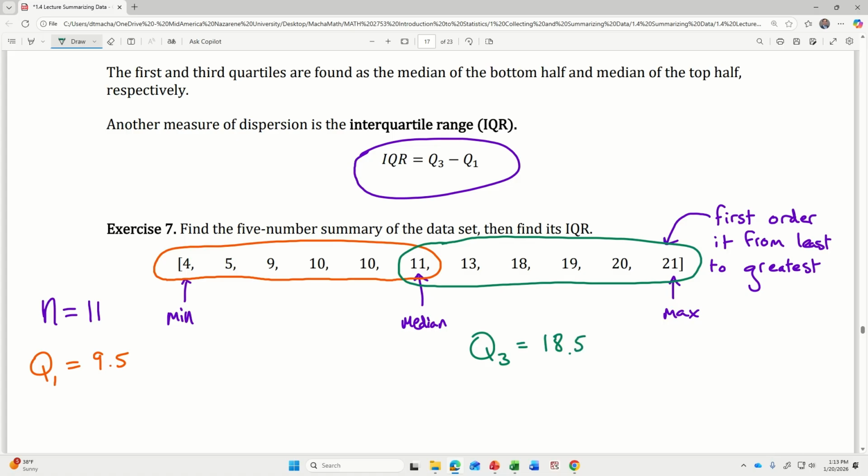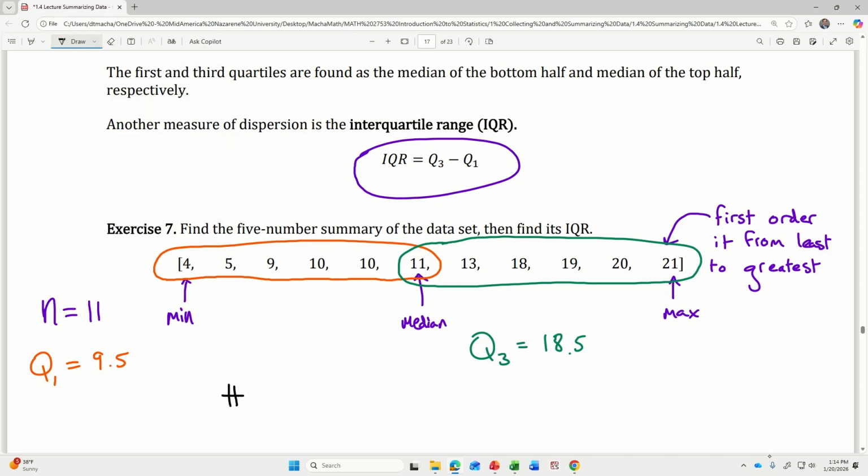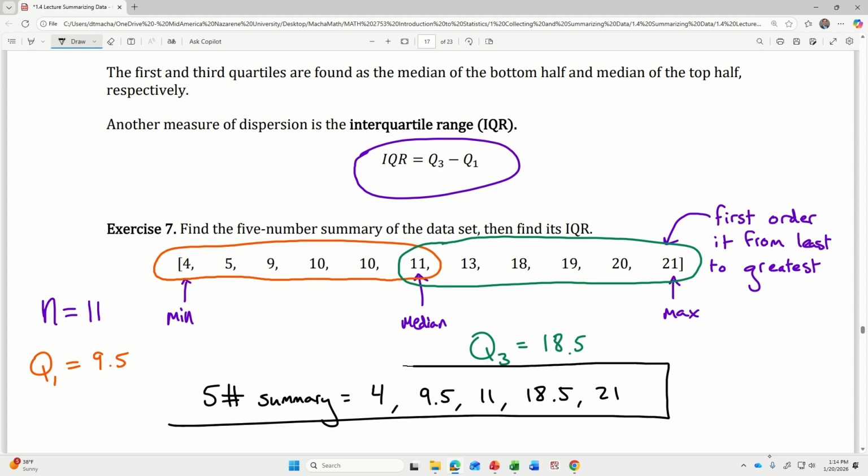Altogether, my 5-number summary would look like this: 4, 9.5, 11, 18.5, and 21. That way I've got the minimum, the first quartile, the median, the third quartile, and the maximum all written in a row.